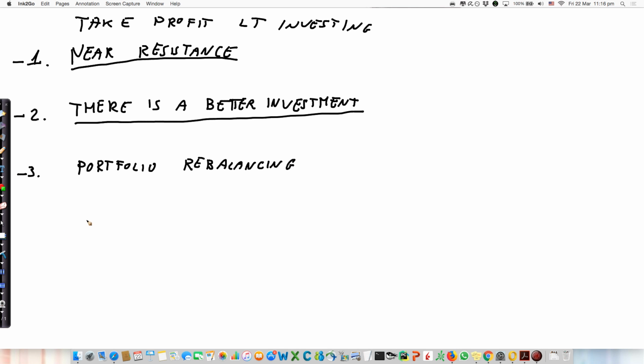What does it mean? Suppose you start with, let's say, 10K, and then you want to create a portfolio with 4 assets. So you may have US stocks, and then you want bonds.